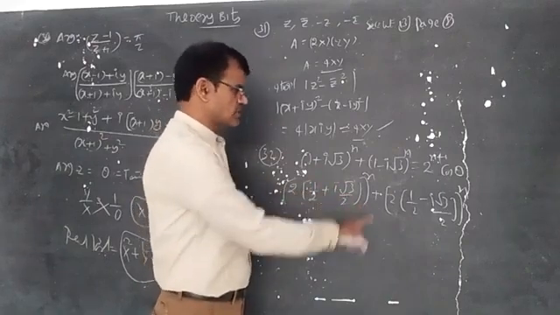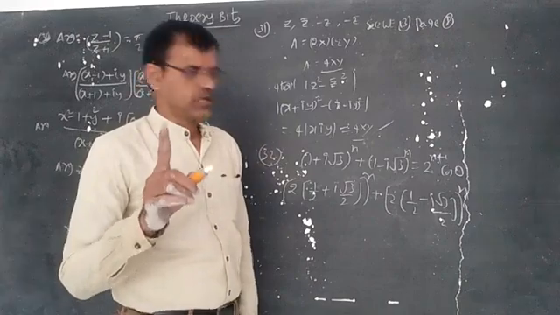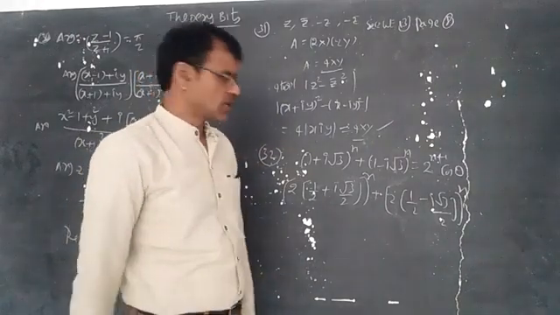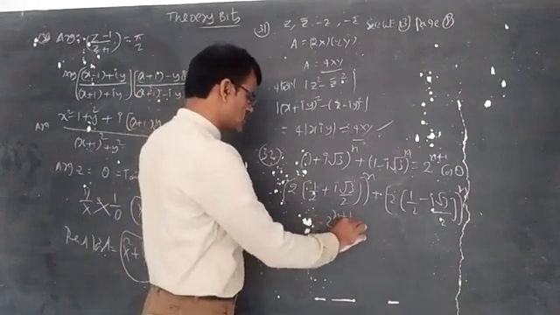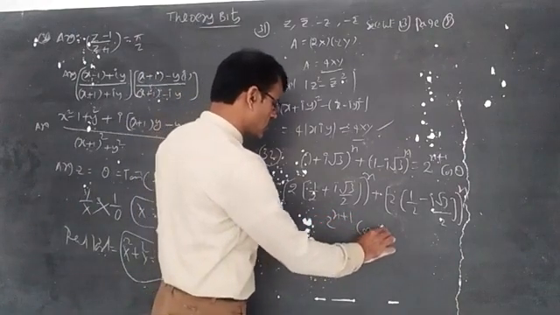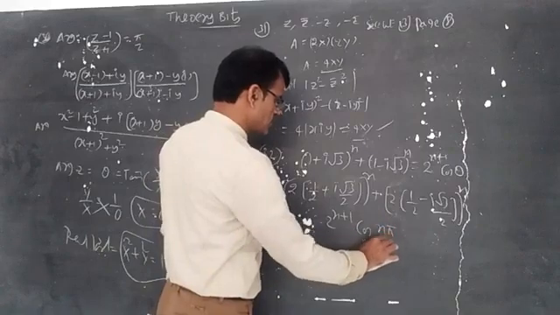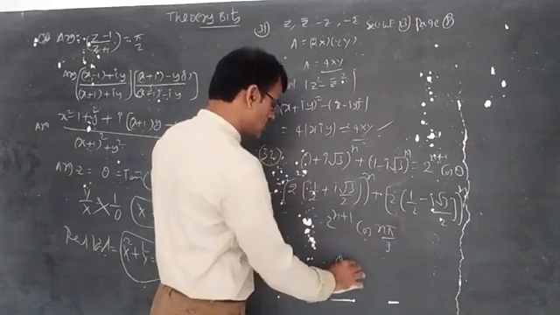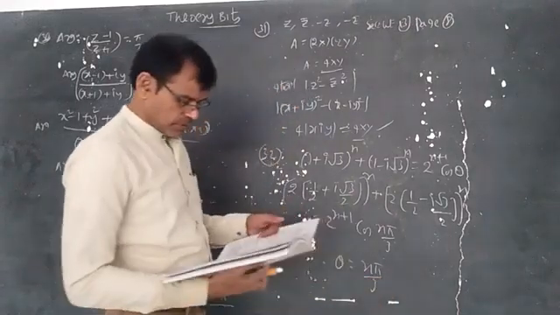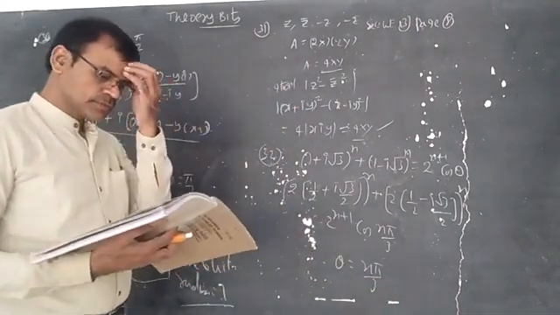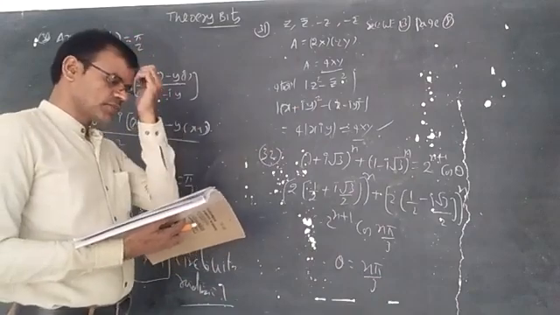Here whenever plus is there, you will get only a real number, that is nothing but cos theta. Of course, it is cos 60. So you can write directly 2 power n plus 1 into cos n pi by 3. So theta is equal to n pi by 3. It is the first option.